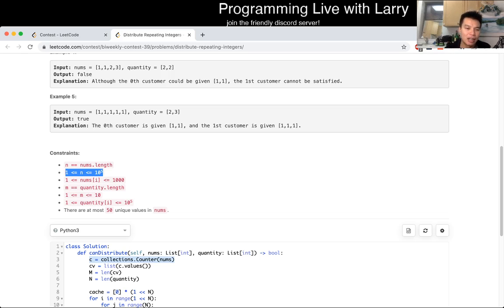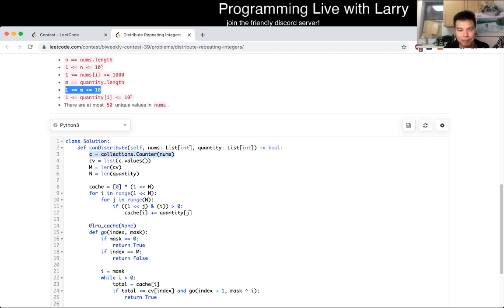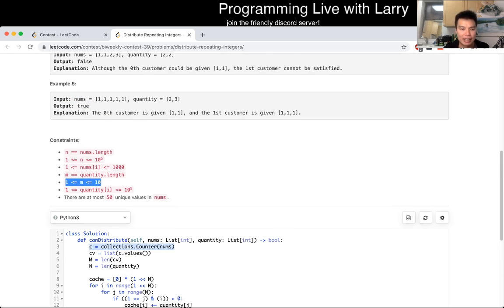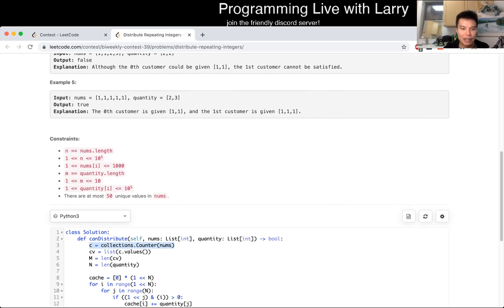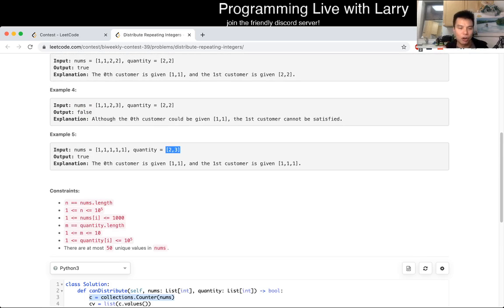Then the thing I took notice of again is that m is at most 10, so we can really brute force on 10, right? And the idea now is that we have a bit mask: you have 10 elements, and because 10 is small enough, you could do 2 to the 10, which is 1024, and do some bit mask thing there.